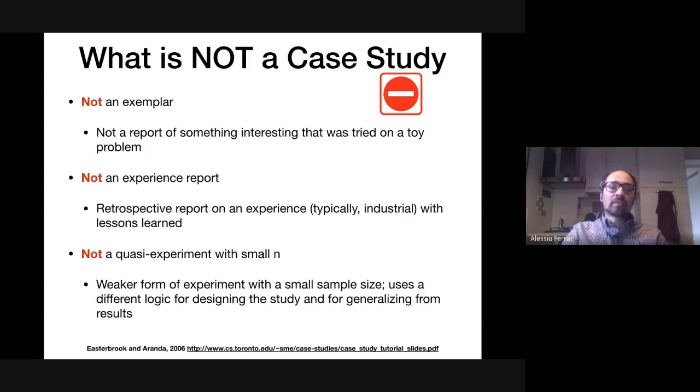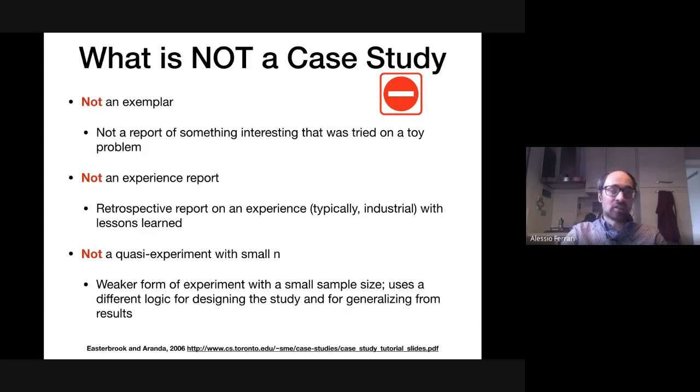An experience report is a retrospective report on an experience with lessons learned. So you've done an experience with the industry, and you report afterwards some lessons learned, and you didn't really plan the case study, and you report in a historical way. So this is not a case study.